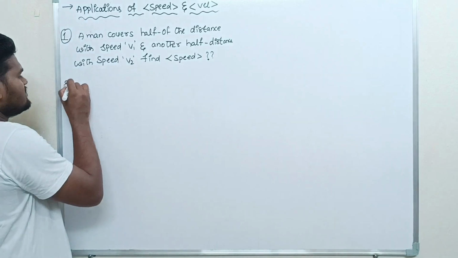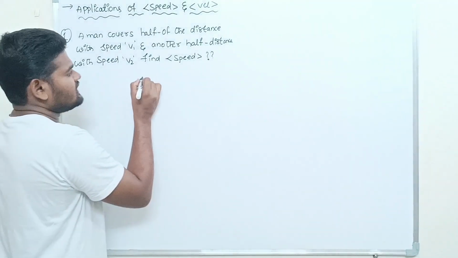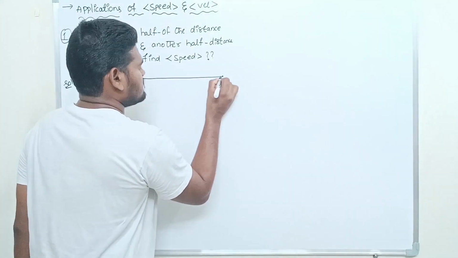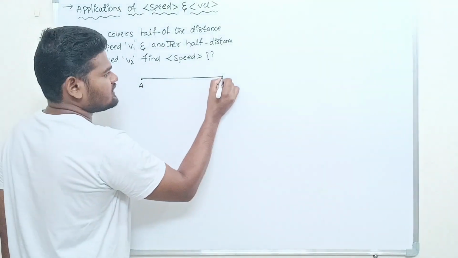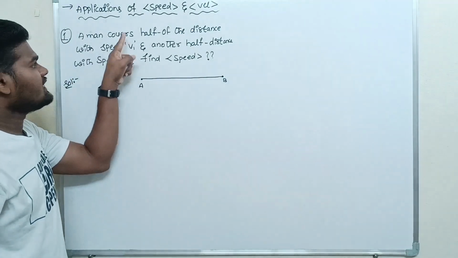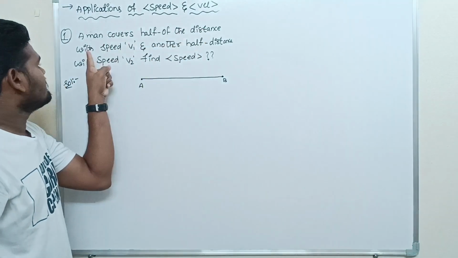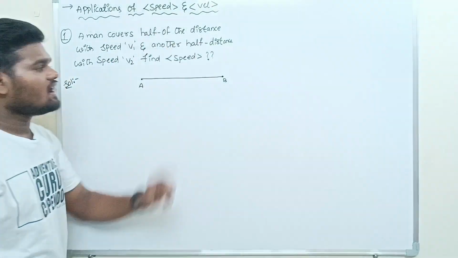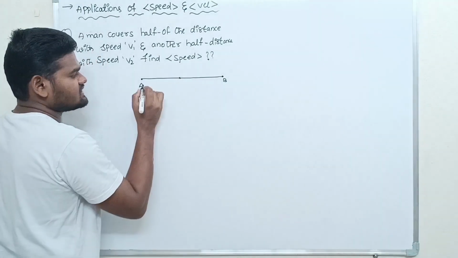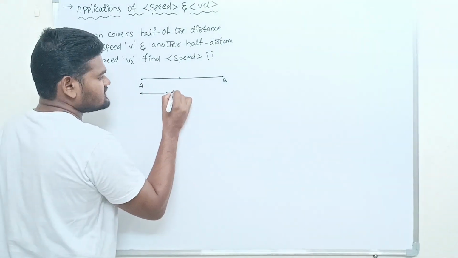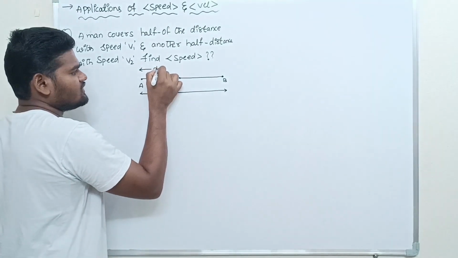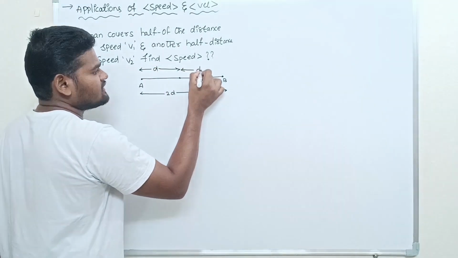Solution. I'm taking some distance between two points, let us say point A and point B. I'm dividing this complete distance into two equal parts. Let the total distance be 2d, divided into two equal parts, d and d.